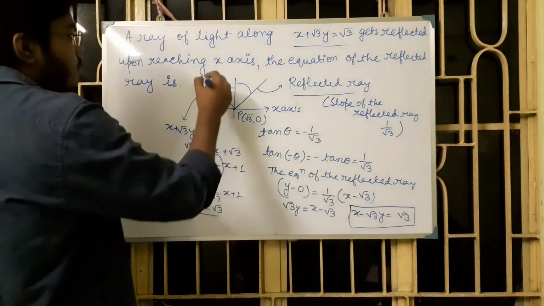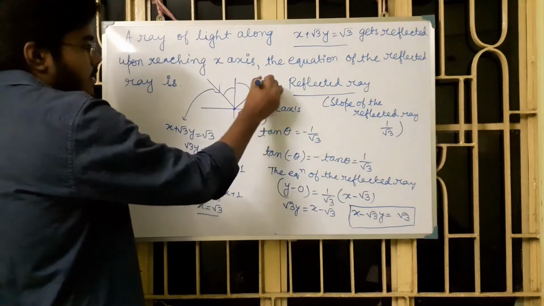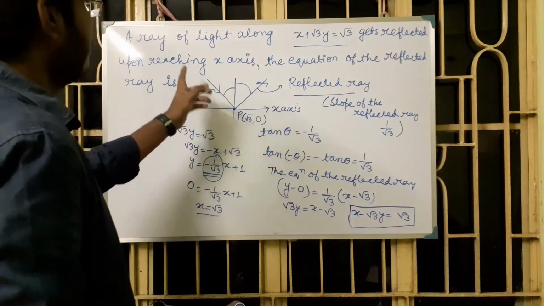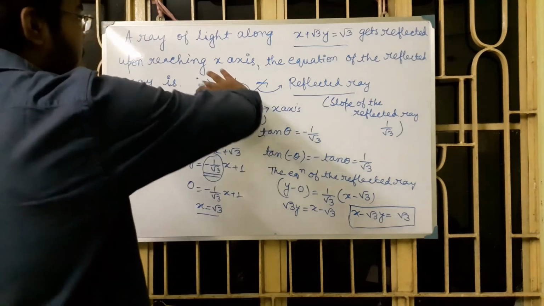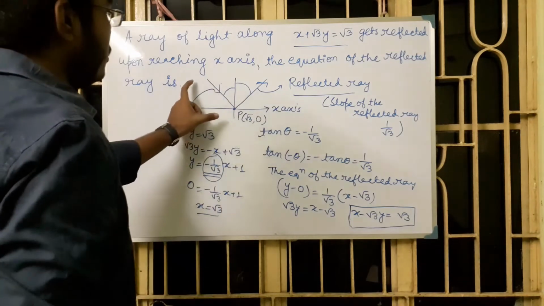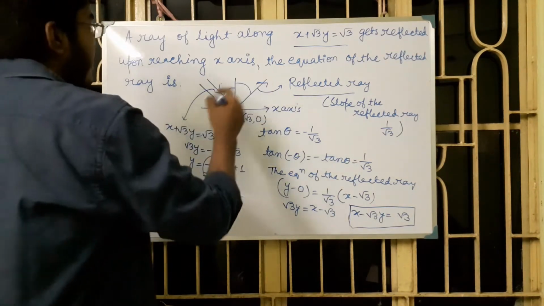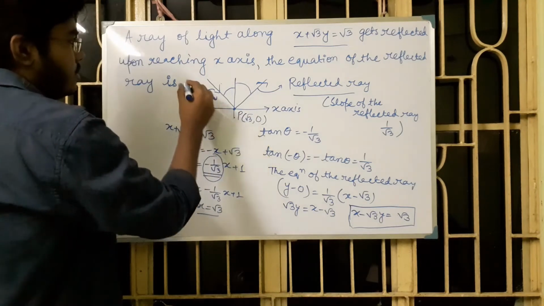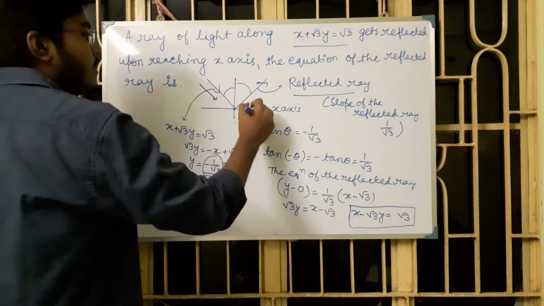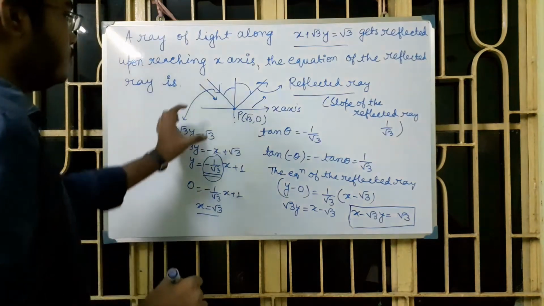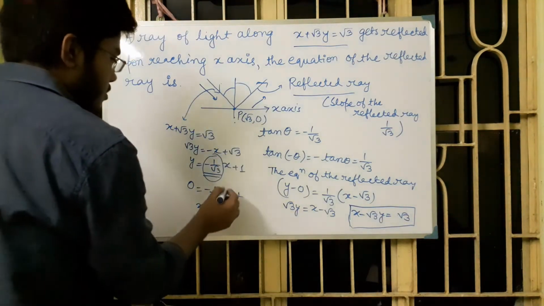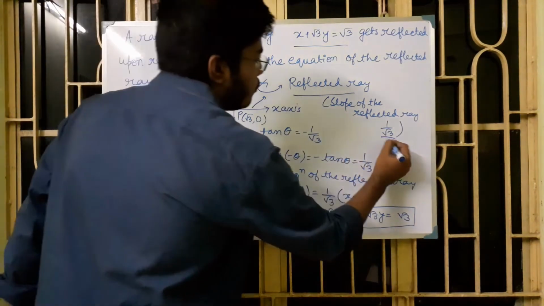So what is the question? That a ray of light along x plus root 3y equal to root 3, along this straight line, is reflected upon reaching the x-axis. It reached the x-axis and then it reflected. So the point is this, and the slope is 1 upon root 3.